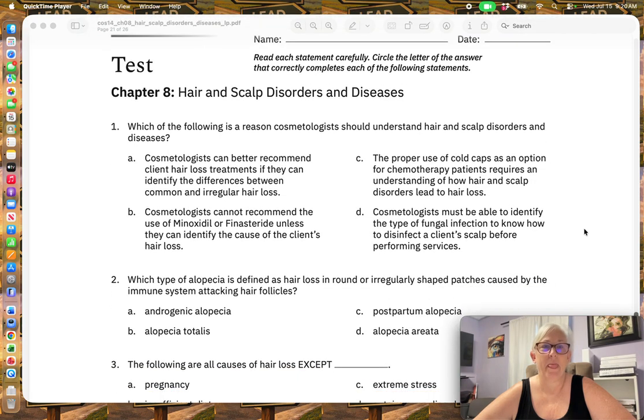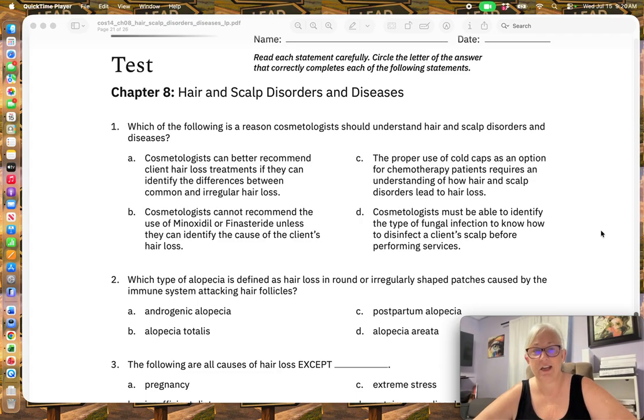Question 1. Which of the following is a reason cosmetologists should understand hair and scalp disorders and diseases? Well, there's a lot of reasons, but let's go with one. So, A, cosmetologists can better recommend client hair loss treatments if they can identify the differences between common and irregular hair loss. That sounds completely appropriate, but let's make sure.